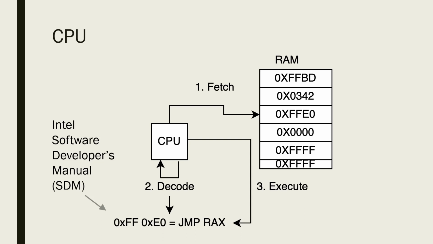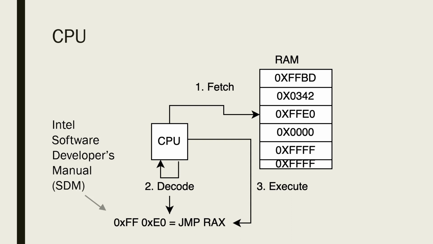In general, it's going to be some memory address, and the instruction pointer is going to point to it. The CPU is going to retrieve or fetch the data located in that memory address, and it's going to interpret the binary data there as an instruction.